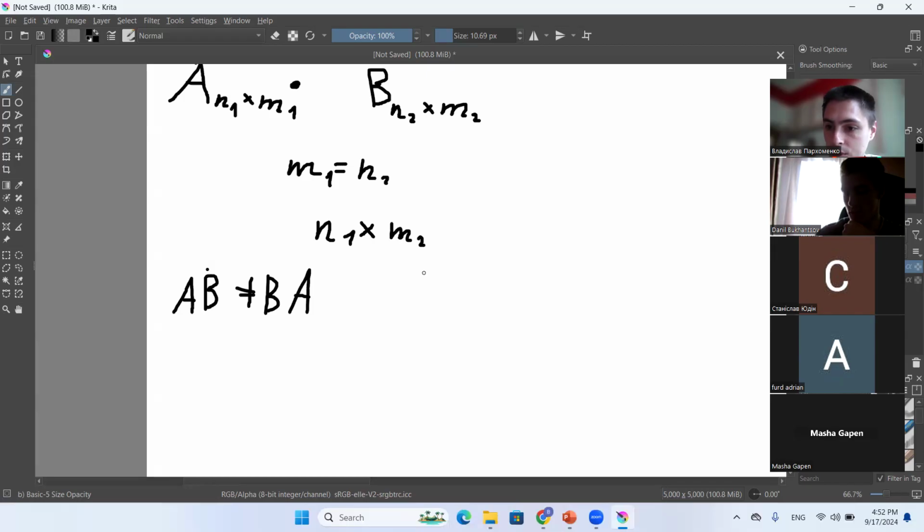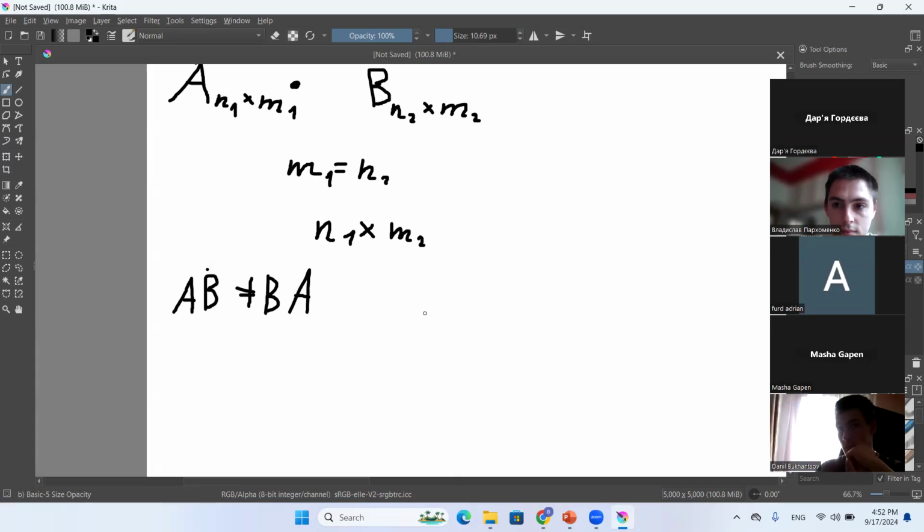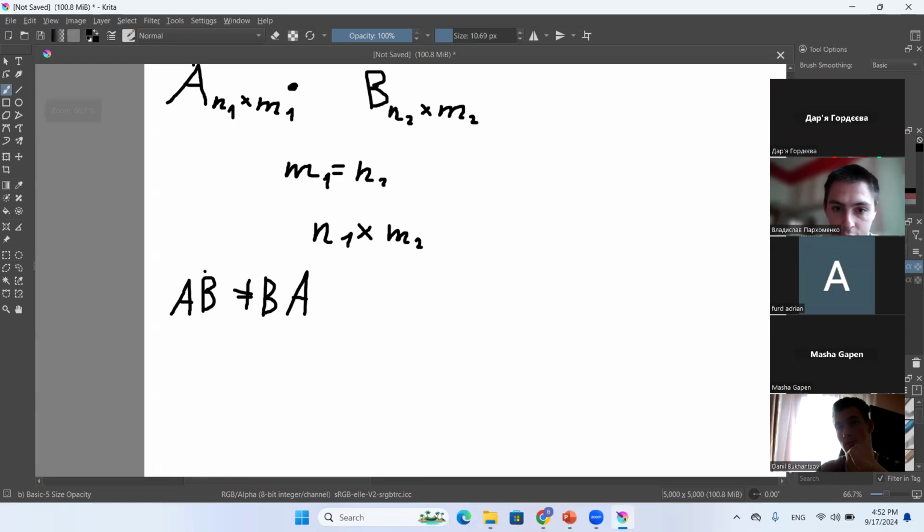Okay, and what else can we do with matrices? Who will be the next? Important operation. Daria, yeah, go on. We can find the inverse matrix. Yeah, we can find the inverse matrix. And what is actually an inverse matrix?